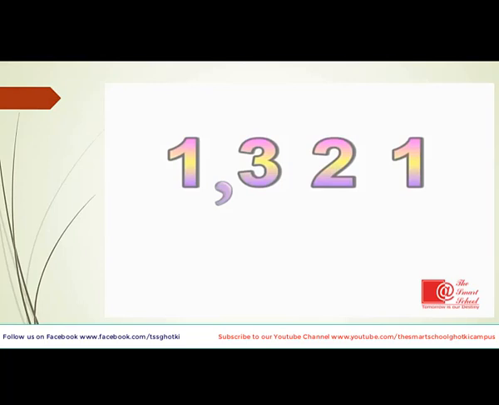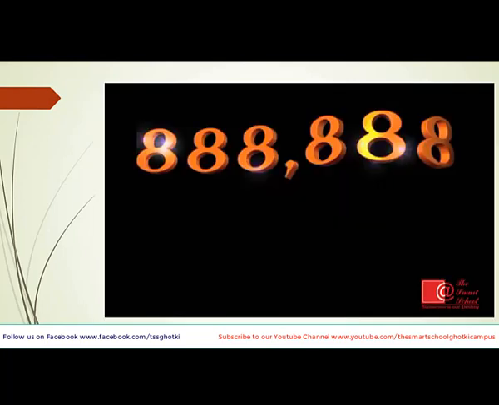That's the thousands comma, didn't you hear? 1,321. Every time you see that first comma, just say thousand. Don't ask your mama. Every time you see that first comma, just say thousand. Just say thousand like this. Say the number you see in front of the comma. When you see the comma, say thousand. Then say the number you see after the comma. 8,888. Number, then thousand, then 888. 88,888.